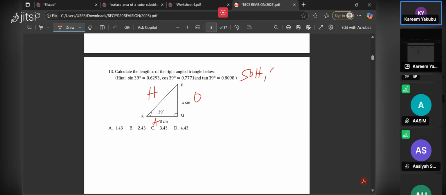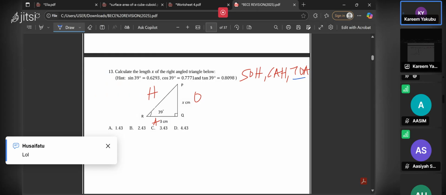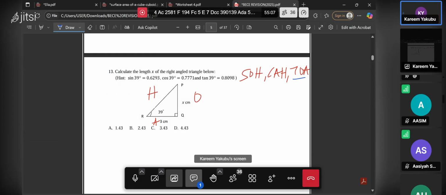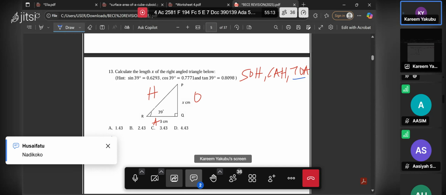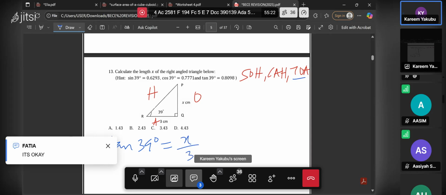Which of the SOHCAHTOA has O and A? It's only TOA. So we're going to use tan to solve this problem. That's going to be tan 39 degrees equals opposite, which is x, all over adjacent, which is 3.